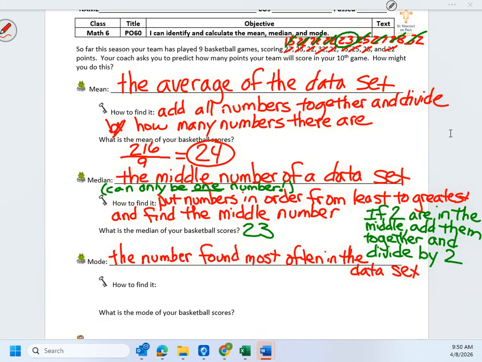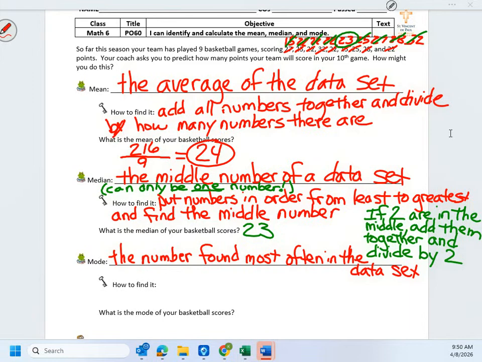So if we have our numbers in order, you're going to see real easy which one we see the most of. Mode, most, it's those MOs. Median, middle, they've got the duh in that middle sound for both of them, okay? So mode, most, median, middle, they kind of sound similar.